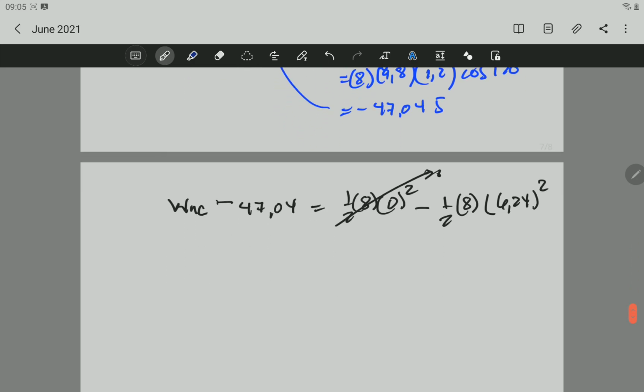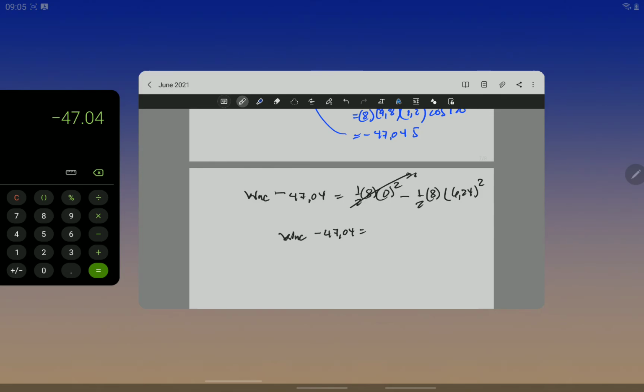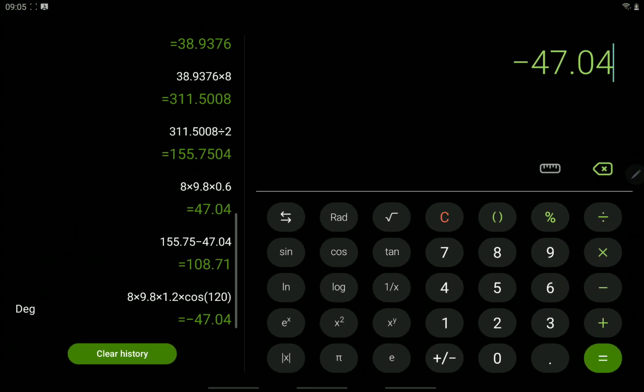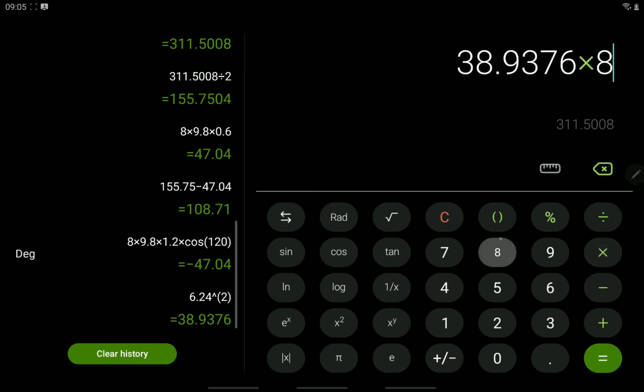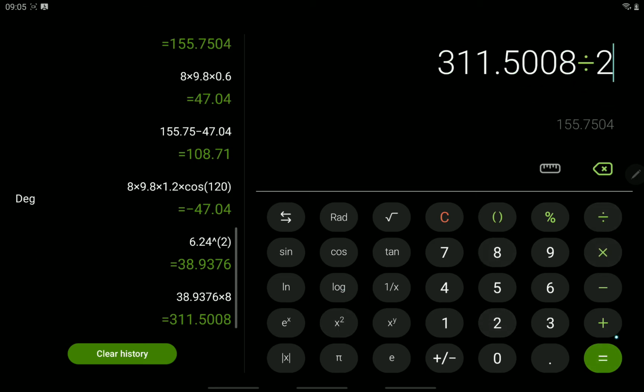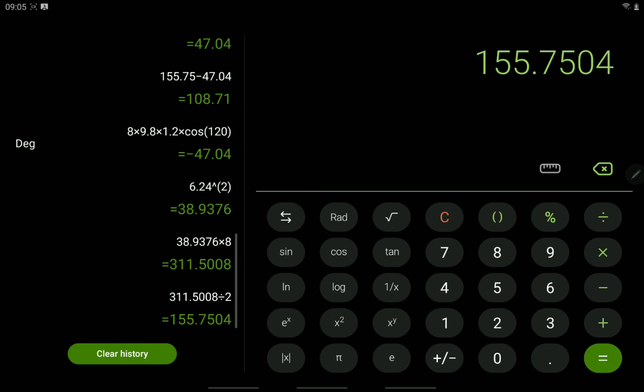If we do the calculation, we have that the work done by the non-conservative forces minus 47,04 is equal to, and this calculation was done already, but let's redo it, half 8 multiplied by 6,24 to the power 2, multiplied by 8 divided by 2. That is 155,7504.